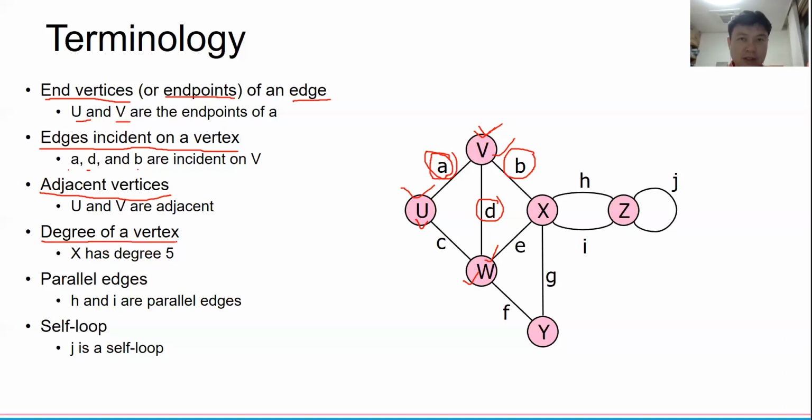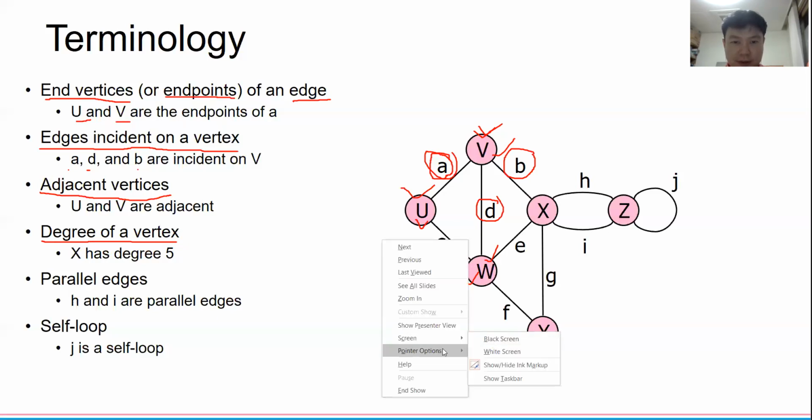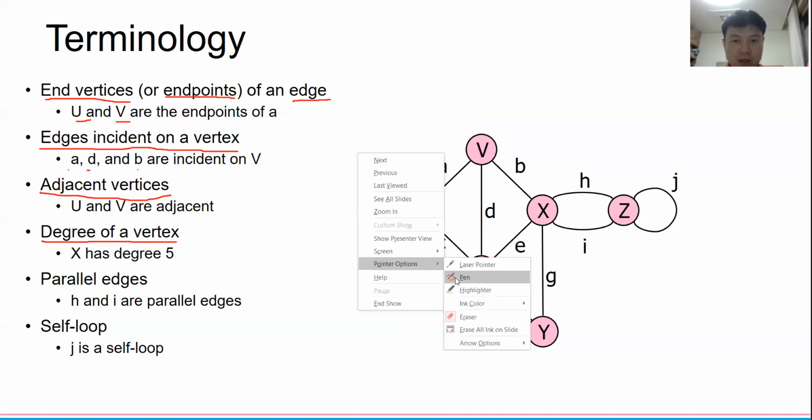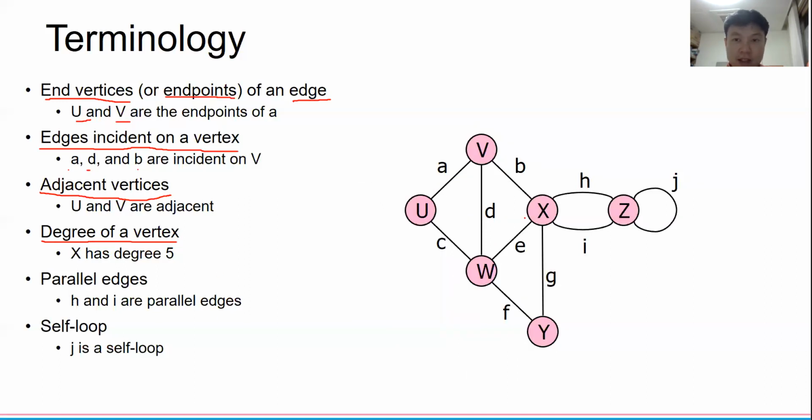Degree of a vertex: we can check it from the number of edges connected. Let me erase this one to show you a better way. If we have vertex x, what is the degree?